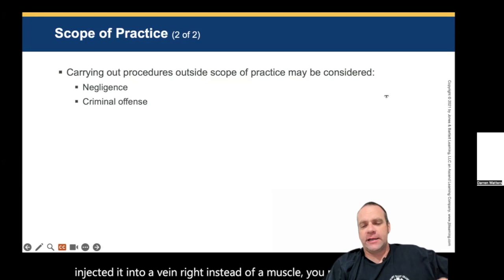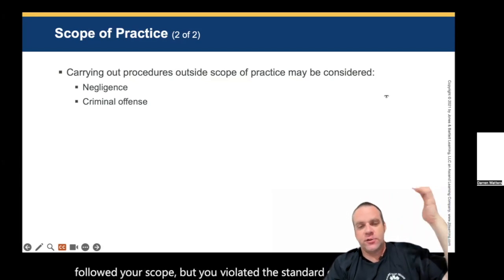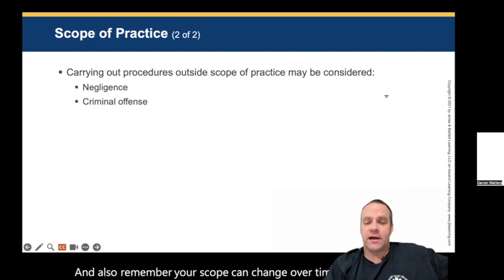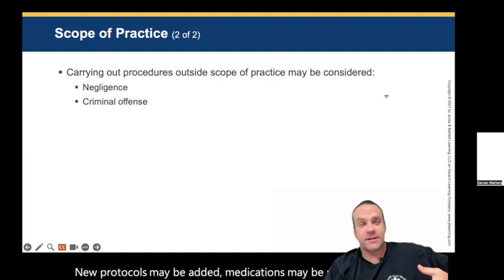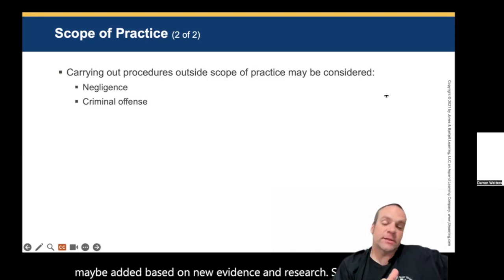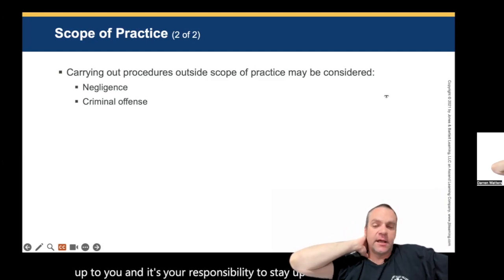Also remember your scope can change over time. New protocols may be added, medications may be removed or added based on new evidence and research. So it's up to you, and it's your responsibility, to stay up to date, follow your agency's policies, and seek clarification when it's needed.